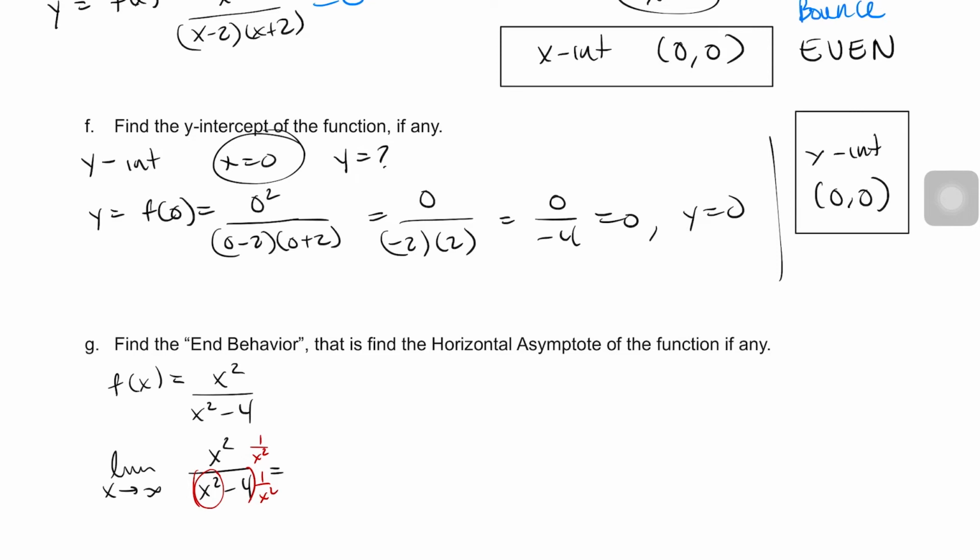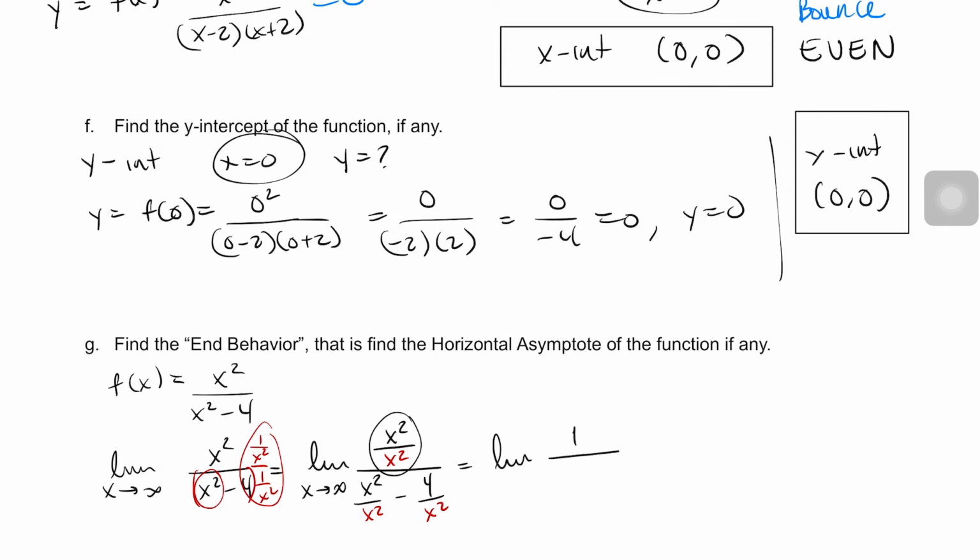So take the whole thing and divide it by x squared. That will give us the limit of x squared over x squared over, minus 4 over x squared. The reason we can do that is because we technically multiply by 1 over 1, since we're dividing by the same thing. As x goes to positive infinity, the numerator will be 1 because x squared over x squared is 1.